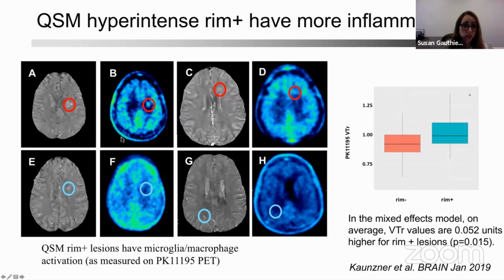What we demonstrated by combining QSM with this PET ligand is that the lesions with a hyperintense rim have more uptake on PK PET as compared to those without a rim. It's demonstrated here: rim negatives have lower PK uptake compared to rim positives. And again, Sandra collaborated on this work.